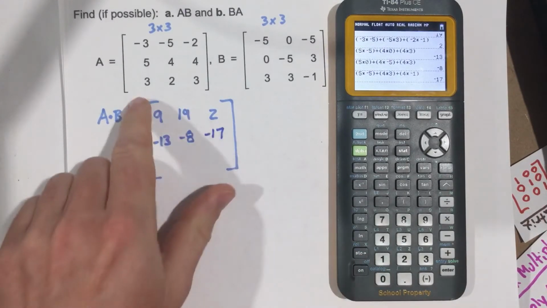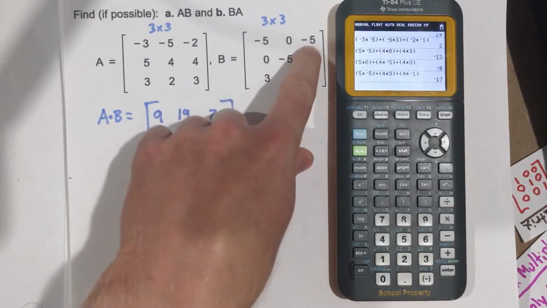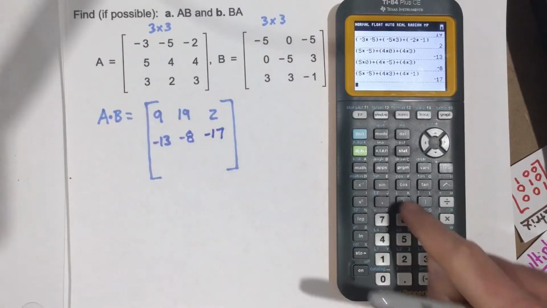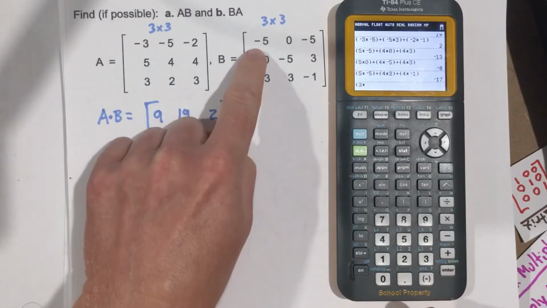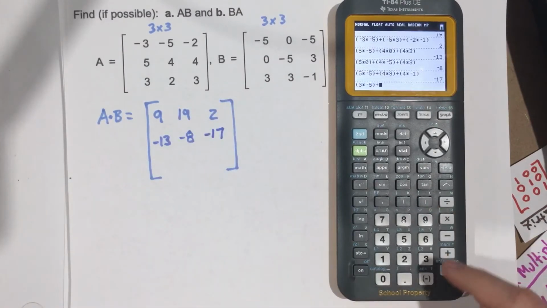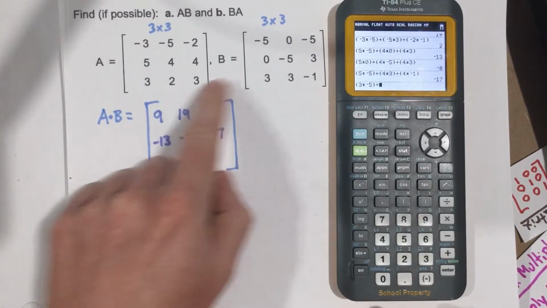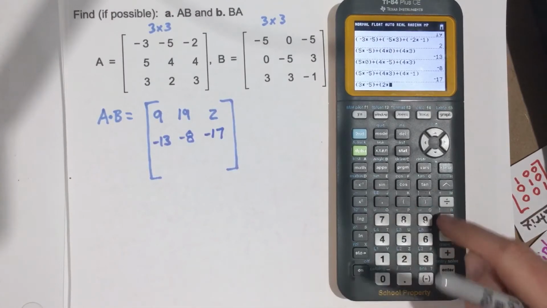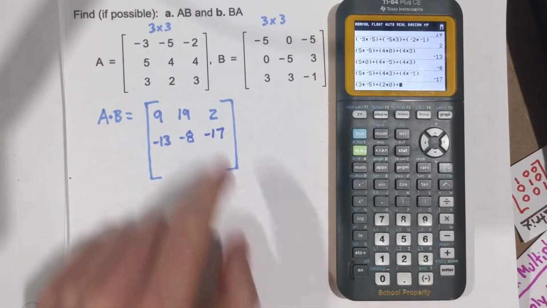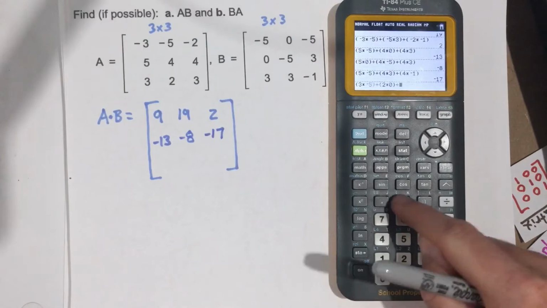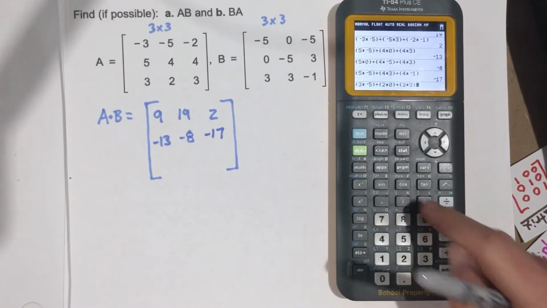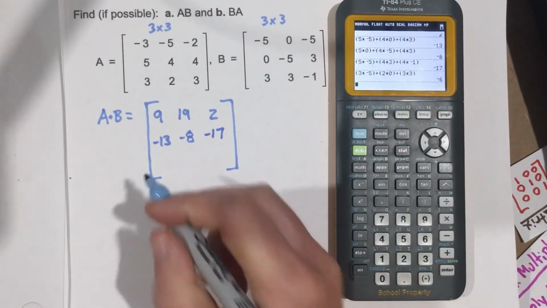And now we have the third row that we need to take times each column. We'll start with the first column. So we're going to start with 3 times negative 5 plus 2 times 0 plus 3 times 3. Negative 6.